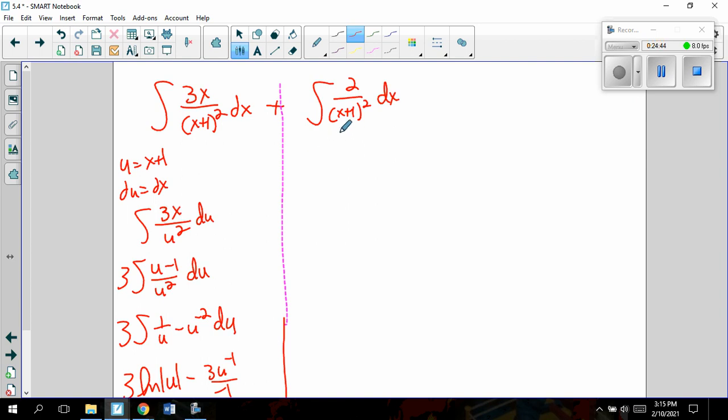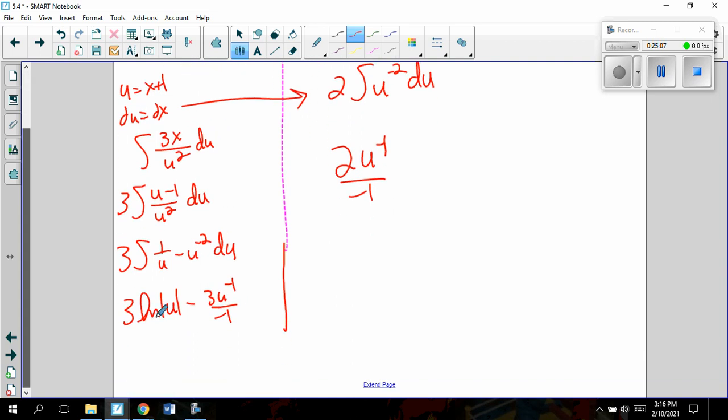I still would have to do a u substitution on this side as well. So this u substitution would also be there again because you have that squared. So I'd have 2 times 1 over, well, I'm going to write it as u to the negative second just to make it easier. u to the negative second du. So this thing would be 2 u to the negative first over negative 1.